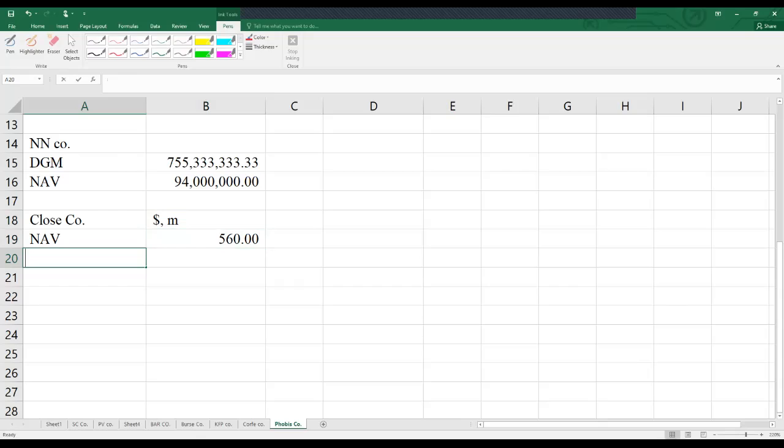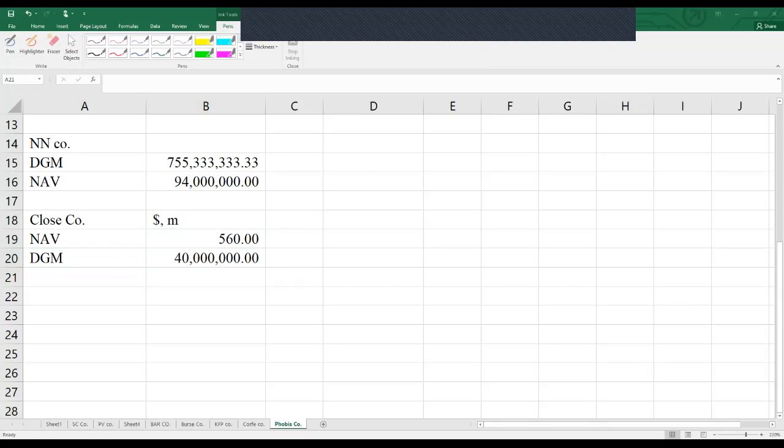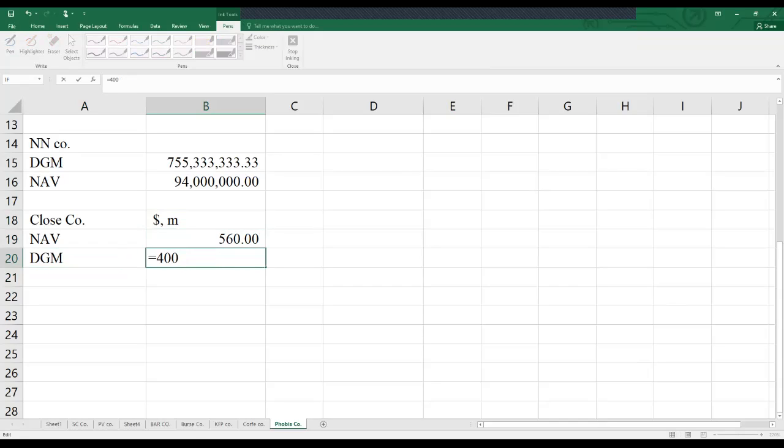If we have to use the dividend growth model, then this will be equal to the company's current dividend. The company has paid a total dividend equal to 40 million, so 40 million is the current dividend. I can just use millions. The growth in dividend is 4% per year, so 1.04, that's the numerator, D0 times 1 plus g.